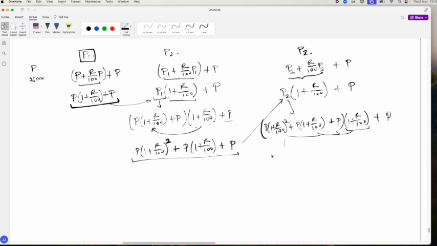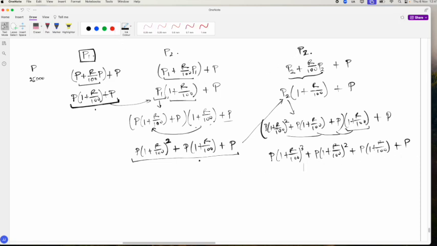So I will now get P into 1 plus R over 100 cubed plus P into 1 plus R over 100 squared plus P into 1 plus R over 100 plus P. What's happening in this case is, instead of getting the same thing like we saw in the other question, we actually get a geometric progression of its own.